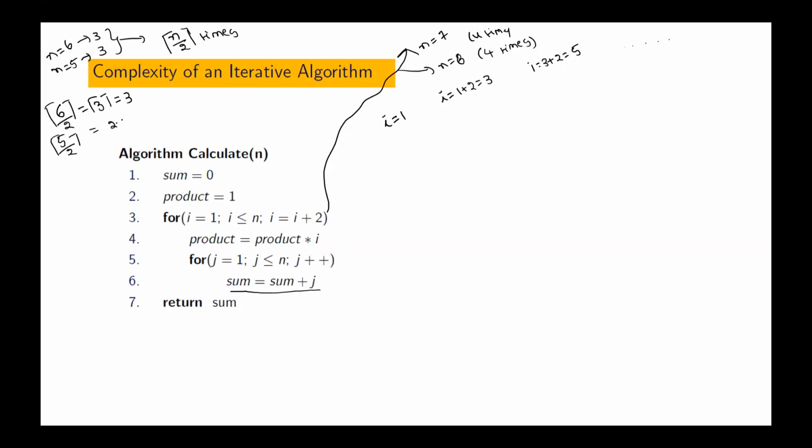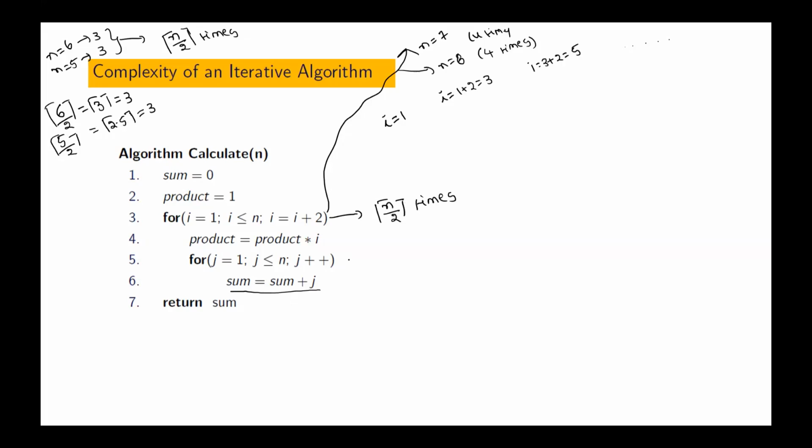It is 2.5, that means the smallest integer which is greater than 2.5. That is 3 only, no? So this is repeated ceiling of n by 2 times. Is that okay?